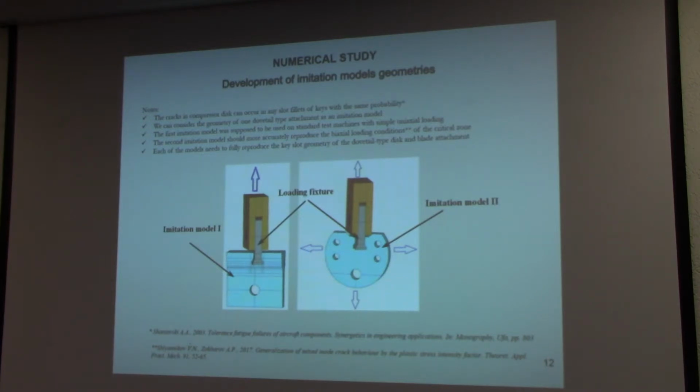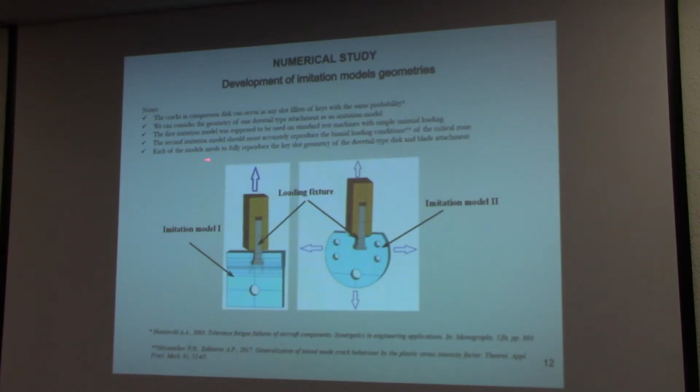The next part of our numerical study is concerned with development of imitation model geometries. Experience shows that a crack in the compressor disc can occur in any slot fillets of keys. So we can consider the geometry of one dovetail attachment as an imitation model. So we developed two types of imitation models.